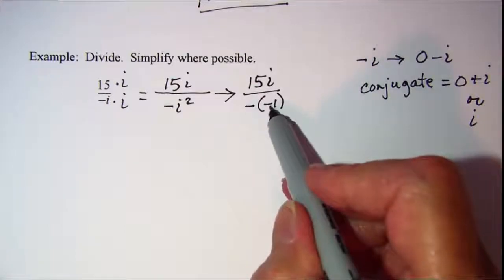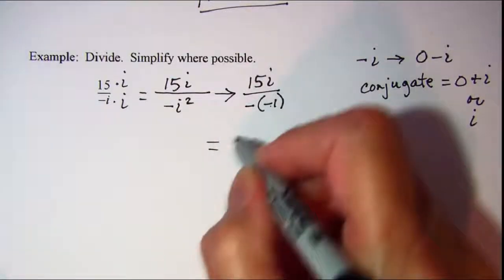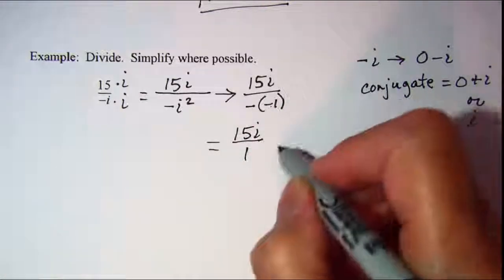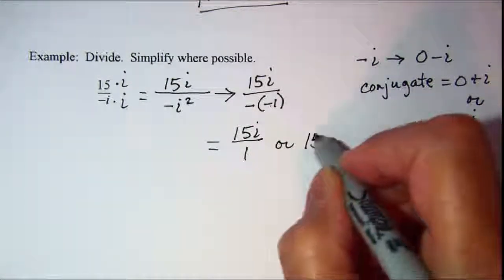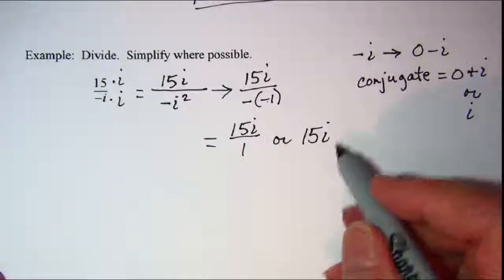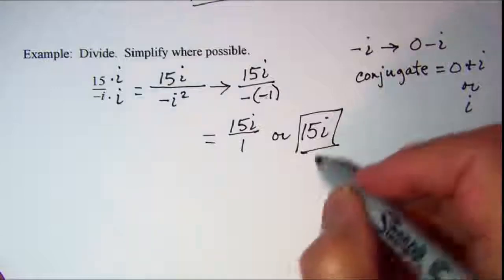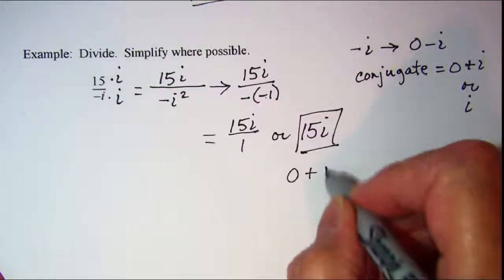This is the same as a positive 1, so I have 15i over positive 1, which is just 15i. And then if you're told to write this in a plus bi form, you could write it as 0 plus 15i.